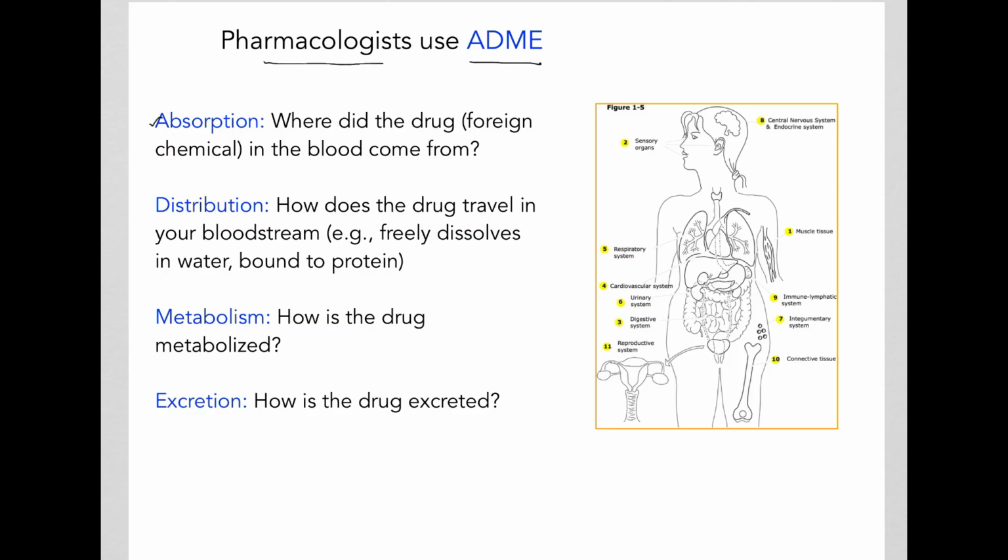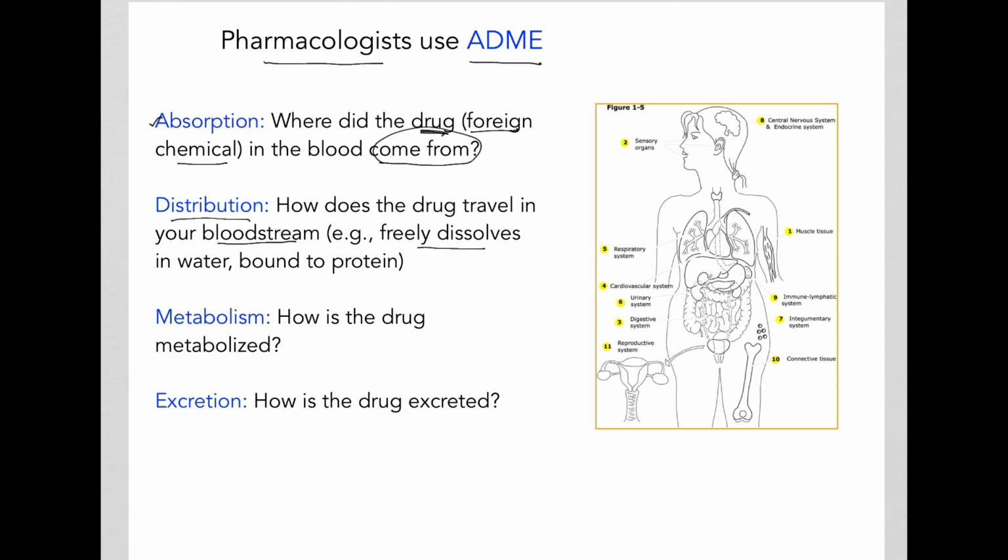Absorption, where did the drug, because pharmacologists are only interested in drugs and all drugs are foreign chemicals. So where did the foreign chemical in the blood come from? Did it come from a diet? Was it injected? Did you inhale it? And so on. Then the next question is distribution, the D. How does the drug travel in the bloodstream?